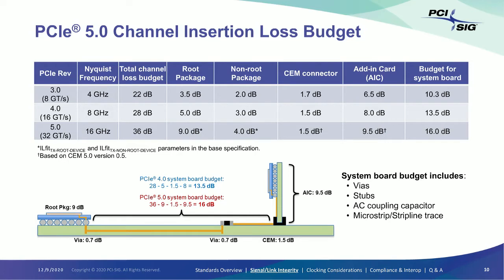So if you're dealing with an add-in card topology, that would leave a remainder of your budget of 16 dB between the root port pads on your PCB and the add-in card connector. So that's basically what many system designers are working with, a 16 dB budget to design all the traces, vias, capacitors, etc.